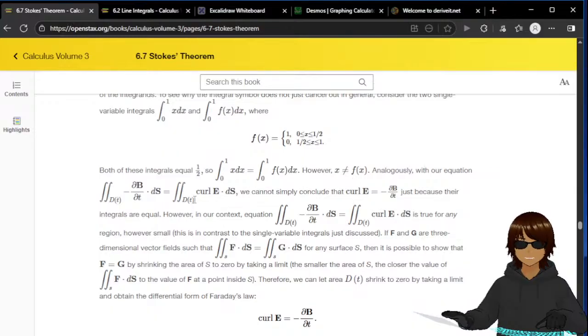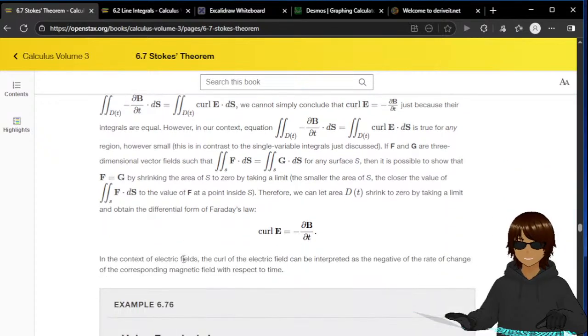Analogously with our equation, we cannot simply conclude that curl E is equal to minus the partial derivative of B, just because the integrals are equal. However, in our context, this equation is true for any region, however small. If F and G are three-dimensional vector fields such that the integral of F dot dS is equal to the integral of G dot dS for any surface S, then it is possible to show that F is equal to G by shrinking the area of S to 0 by taking a limit.